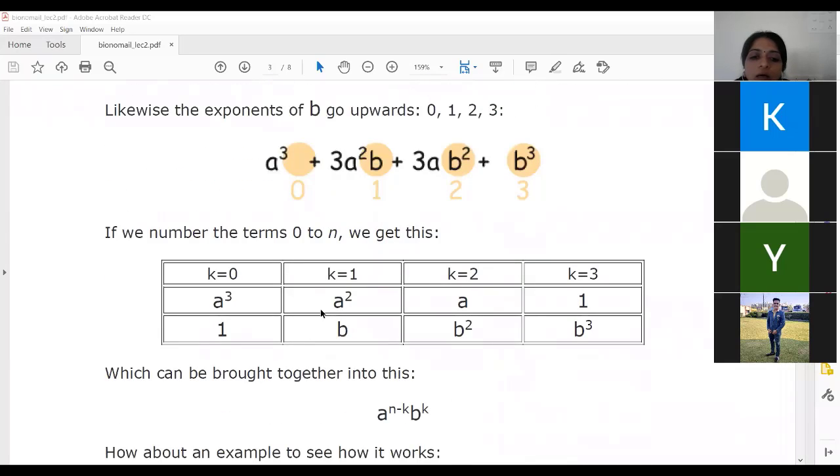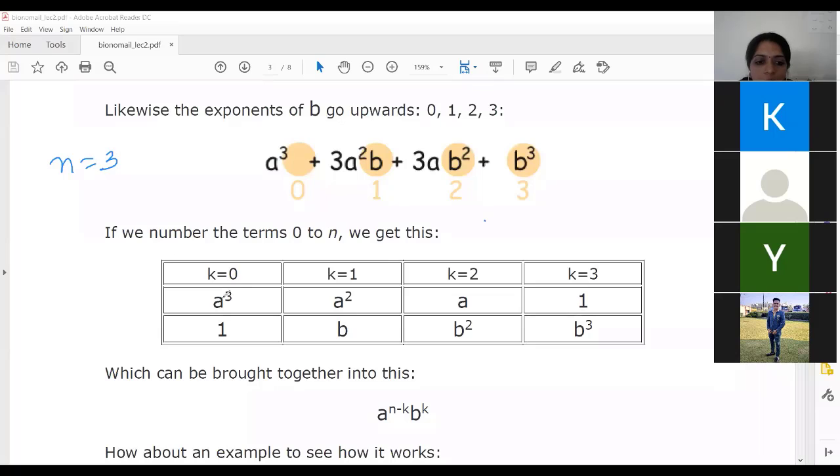So, here k equals 0, for any 0 to n terms, we start with k equal to 0 up to the given terms. Suppose you are asked for n equal to 3.